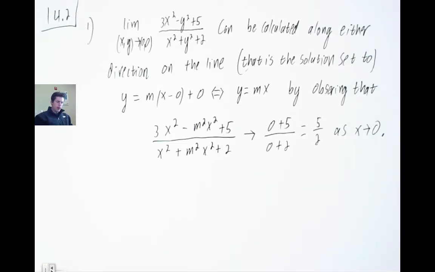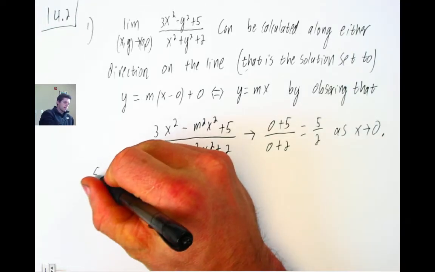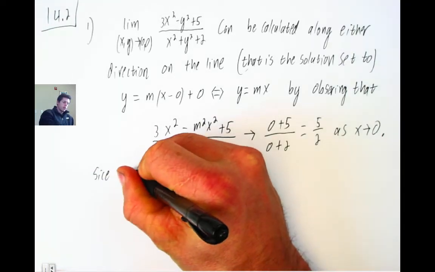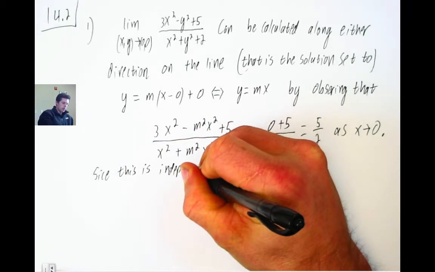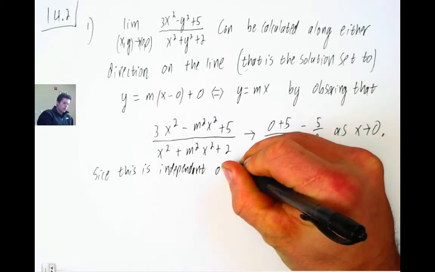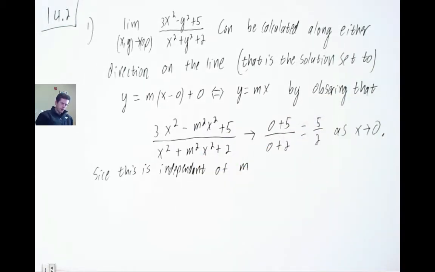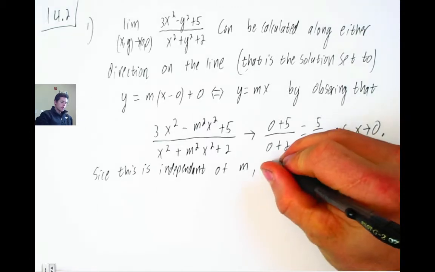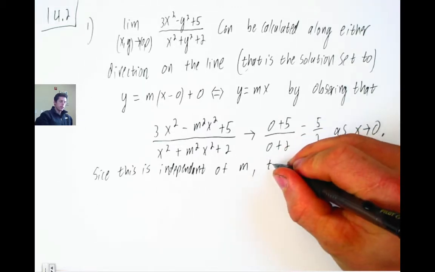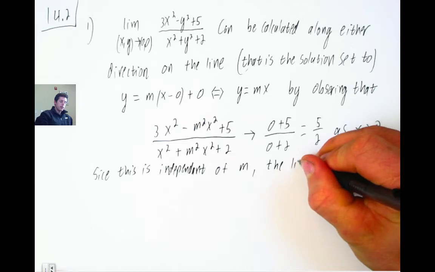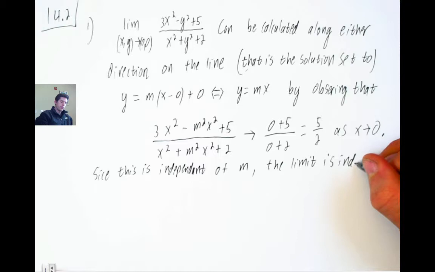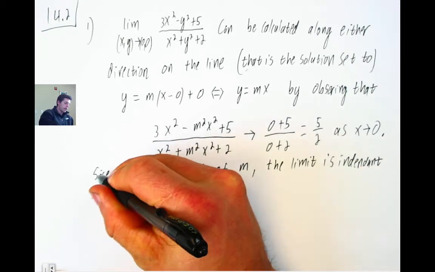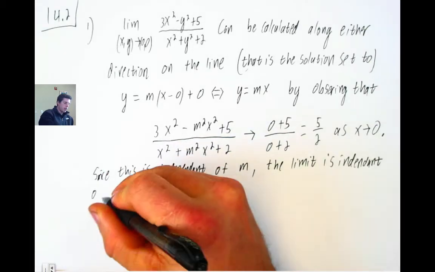Now, from there, I want to say, since this is independent of the slope that I chose here, m, the limit is independent of direction.